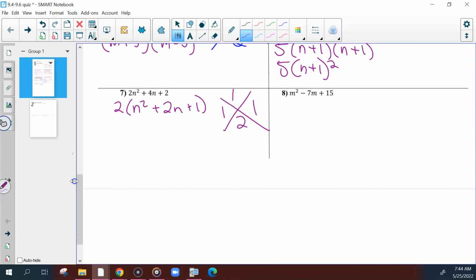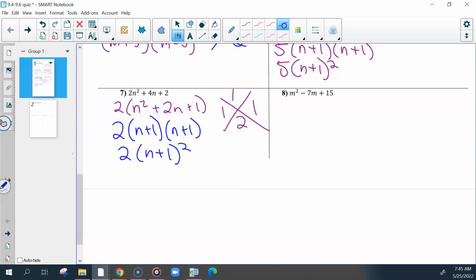But our GCF is different. So we have 2 times n plus 1, n plus 1, or 2 times n plus 1 squared. Some of you had n plus 2 squared, and that was incorrect.